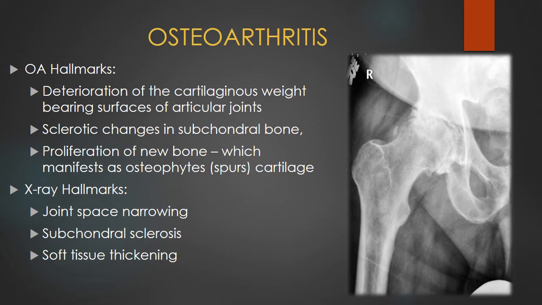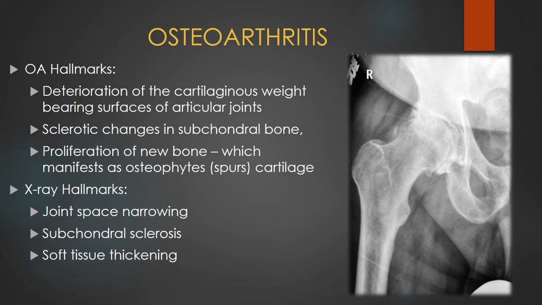Now, soft tissue thickening is difficult to see on X-ray, but I encourage you the next time you have a patient in who has DJD of the hands, osteoarthritis of the hands, if you just look at those knuckles and you notice the thickening around the knuckles, some of that thickening is due to thickening of the soft tissues around that articulation. In particular, it's thickening of the synovial membrane that lines the inside of the articular capsule.